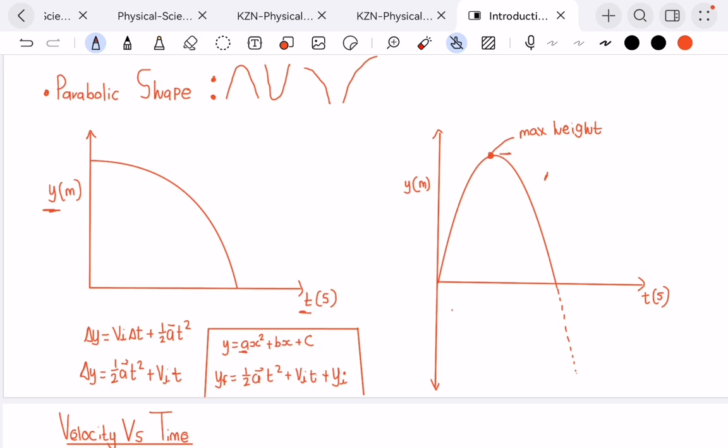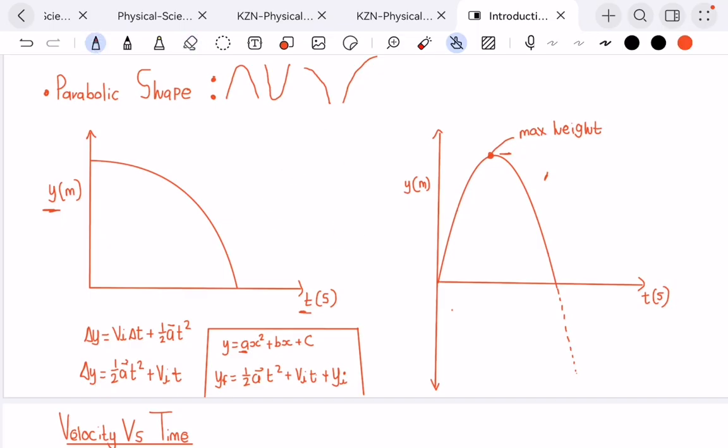It's easier to picture this graph as a ball which is moving like this, and then it's going to drop down. This shape is similar to this one, which is the same thing really, because this just shows this motion but in a graph.